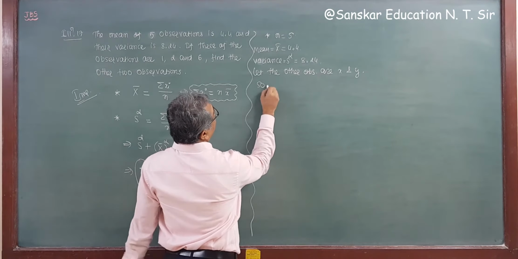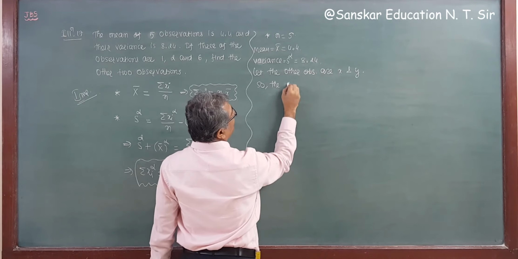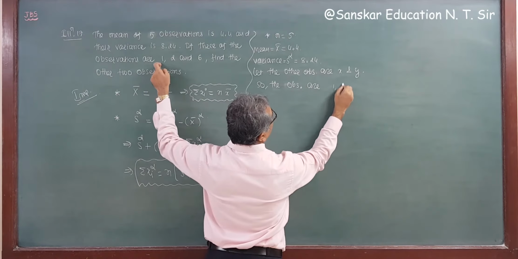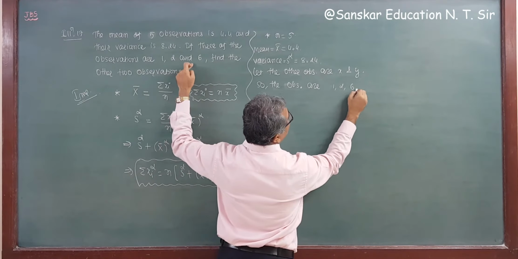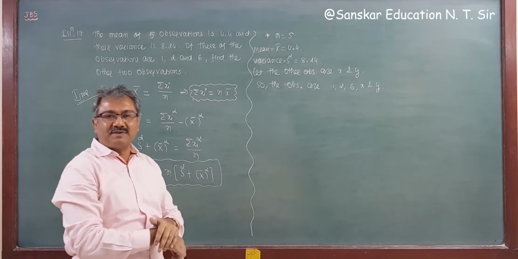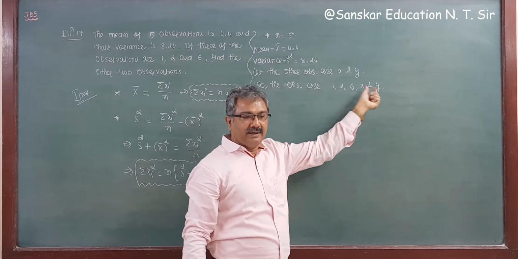These are our 5 observations, and we have to find the values of x and y, right?